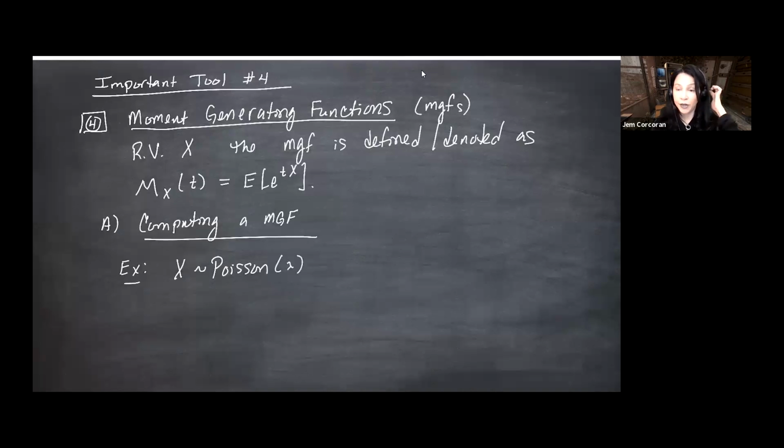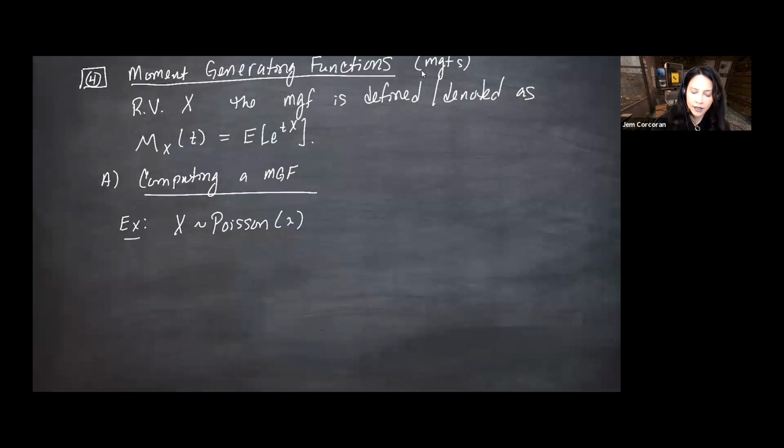So this is a discrete one. And so I'm just going to write it out. The moment generating function notation, M sub X of t, is the expected value of e to the t capital X. And because this is a discrete distribution, we get a sum over all x of e to the t little x times the probability that X equals little x.